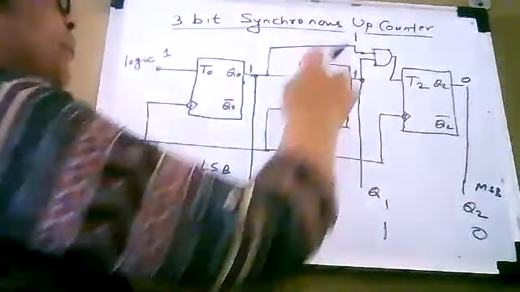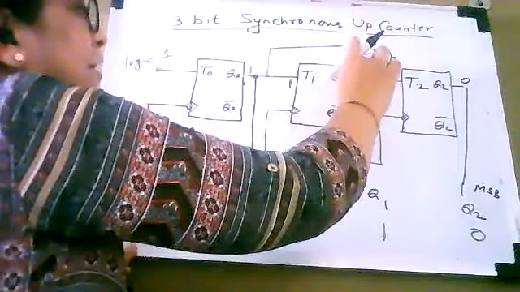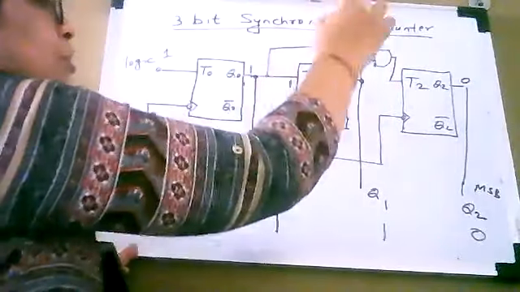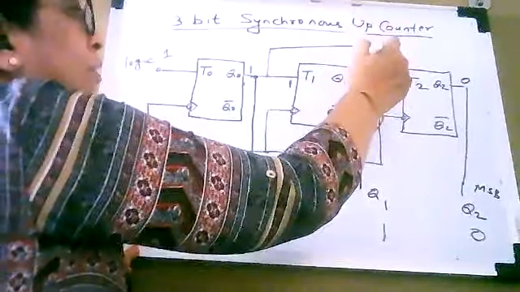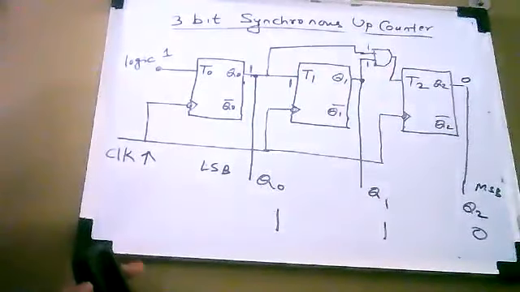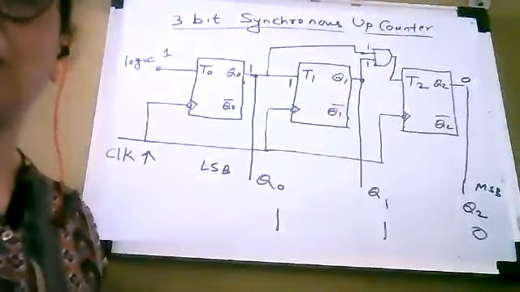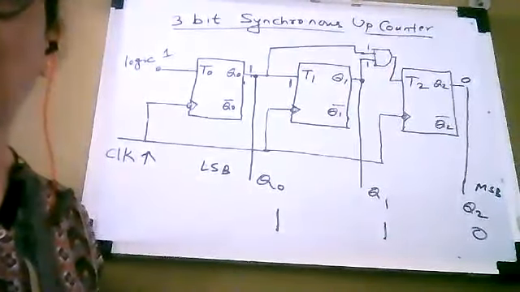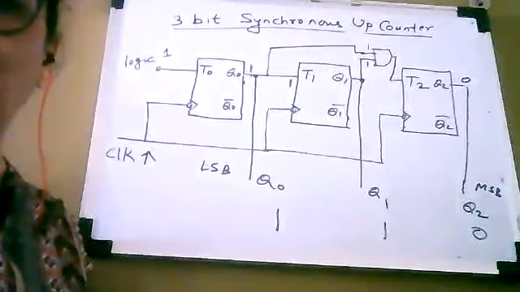Now what you can see here is both the inputs of the AND gate are at logic 1. So what will be the output of the AND gate? It will be 1 into 1, which is equal to 1.